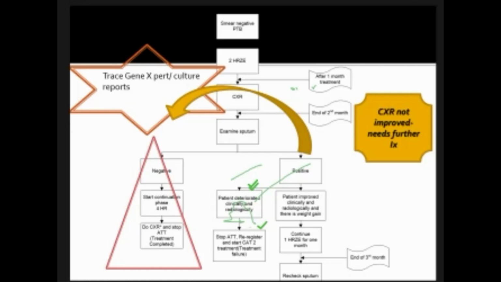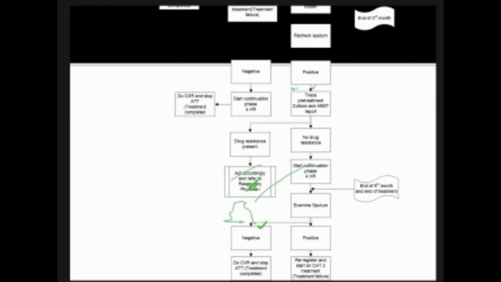So these patients are sometimes more complicated to treat, but we always need to keep an open mind whether it is TB plus some other disease, or TB alone, or maybe not TB, but something else.